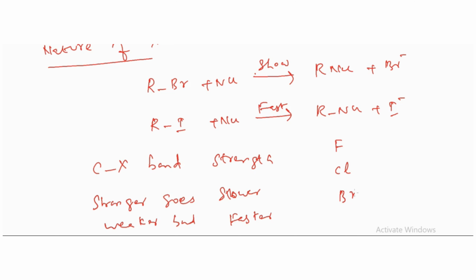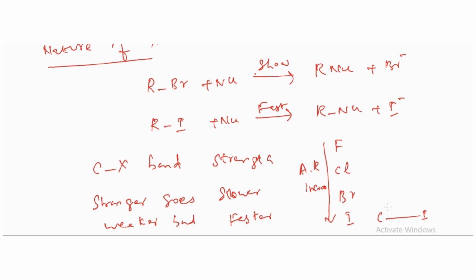That can be easily understood from this concept. Let us take the halogens fluorine, chlorine, bromine, iodine. As you know, if you go down the periodic table, the atomic radii increases. If the atomic radii increases, the bond length will increase.